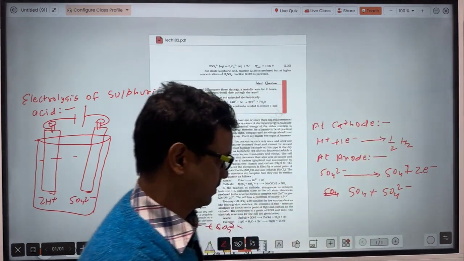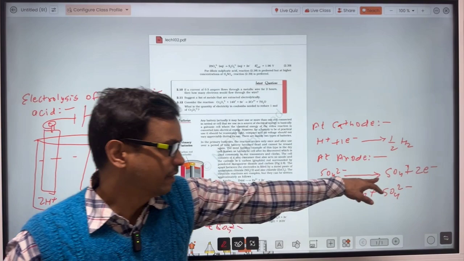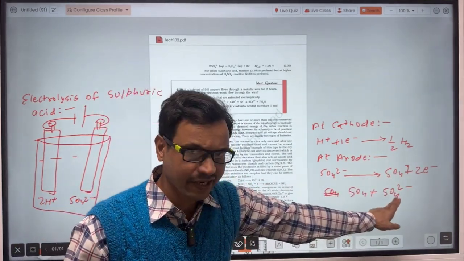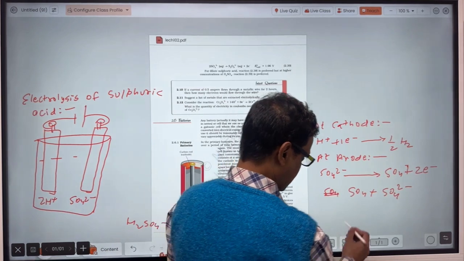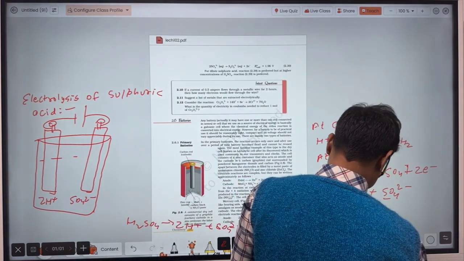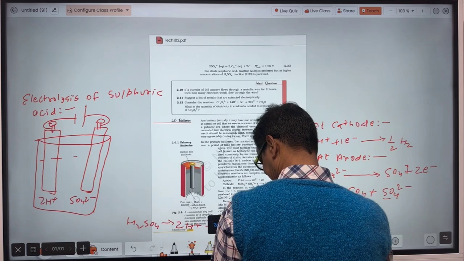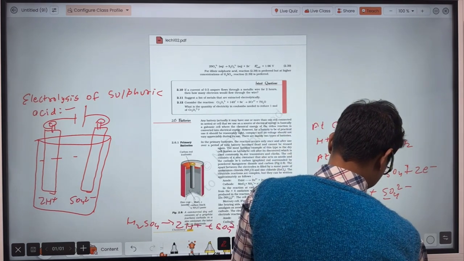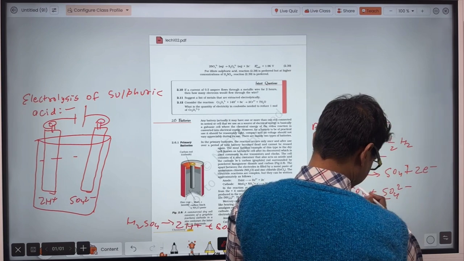That compound will be highly unstable, so it will combine with another SO4 2 minus, and there will be formation of 2 sulfur, so S2O4 with 2 negative charge.